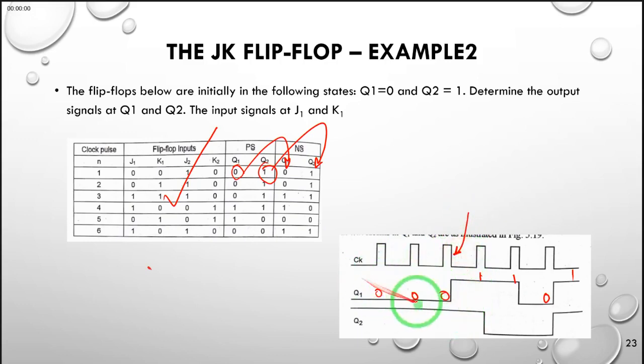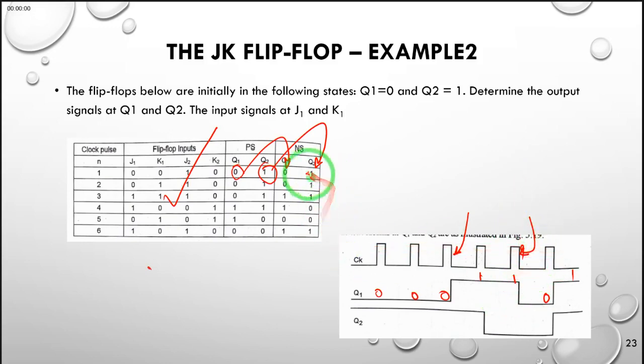As you can see, at the end of the third clock pulse, when we meet a 0, that is when the output is changing from 0 to 1. And then the next time it is transitioning is at the negative edge of our clock pulse. So be very careful with that.